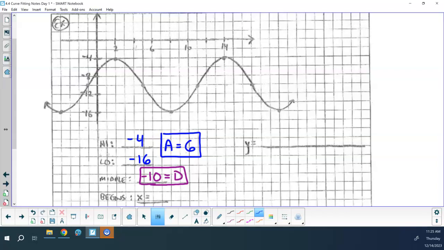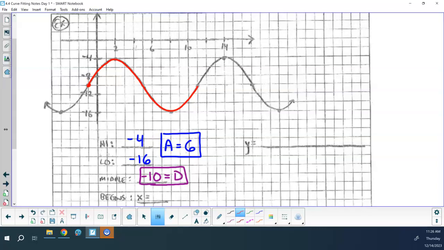It said we needed to find a sine curve. Where does sine start? Starts in the middle, right? So I need to pick a spot where my middle and my curve are at the same spot. Would this be acceptable?